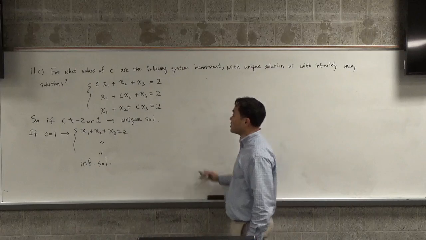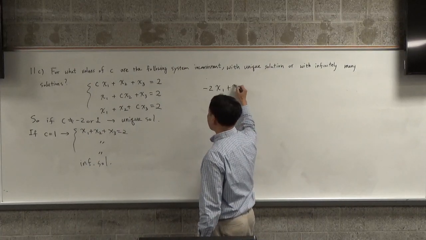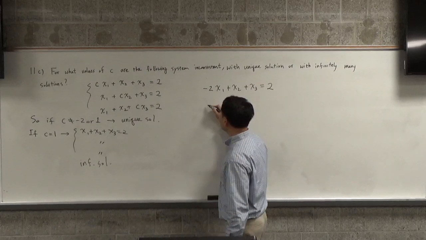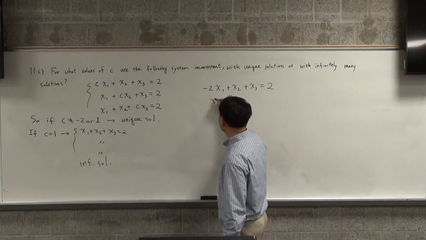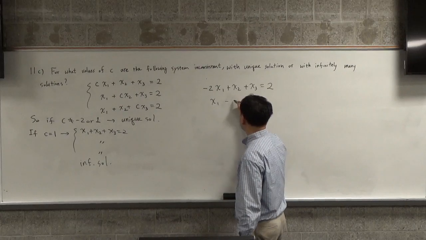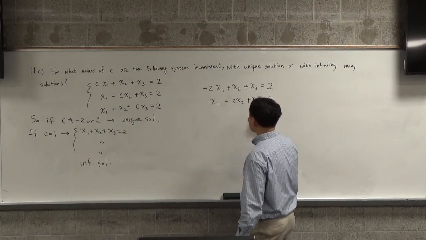So let's now write down C equals to negative 2. So it's negative 2 x1 plus x2 plus x3 equals 2. Then x1 minus 2 x2 plus x3 equals 2.